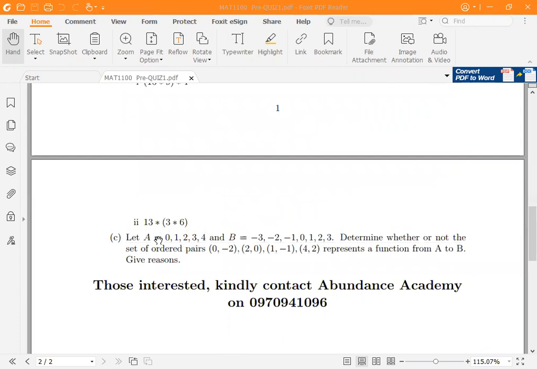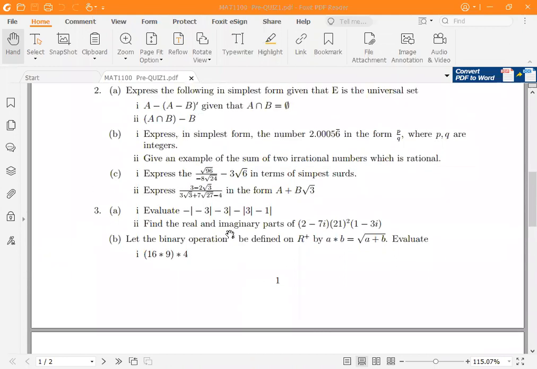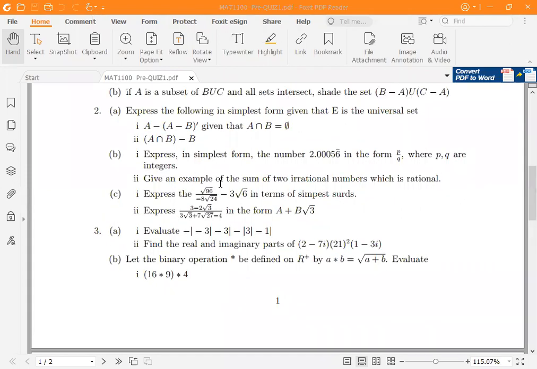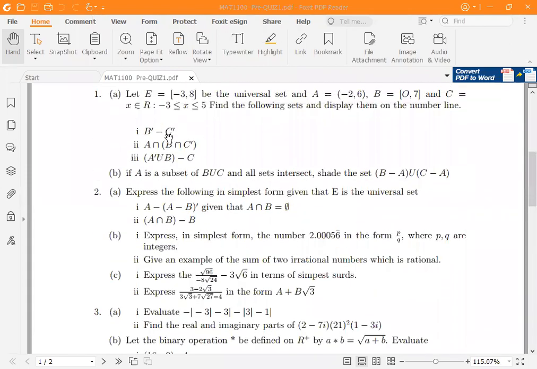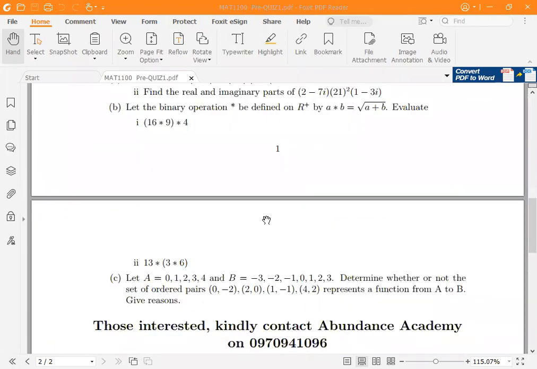So these are supposed to be sets. So A is a set, B is a set. Determine whether or not the set of product pairs represents a function from A to B, give reasons. So you can finish up, try to see what you get. Convince yourself it is correct, at least, because I know that most people have challenges with the intervals. That's why I spend the time doing the intervals.